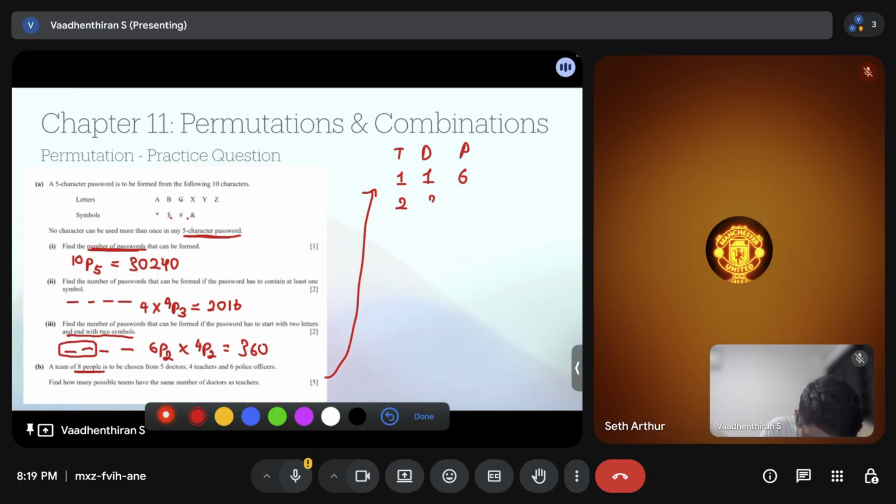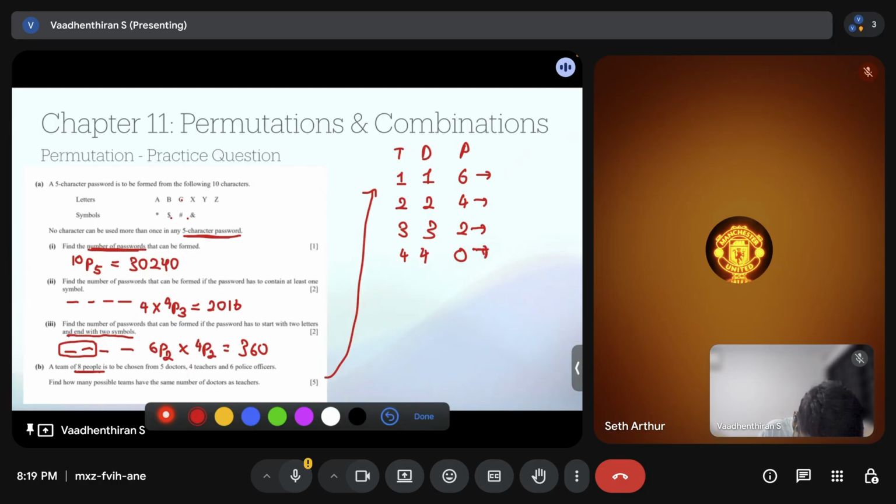If you take two and two, four is done, and there will be four police officers. Three and three, six, two police officers. And four and four, then zero police officers. That's the maximum you can take. So you need to find the count for all of these, and then add them up.